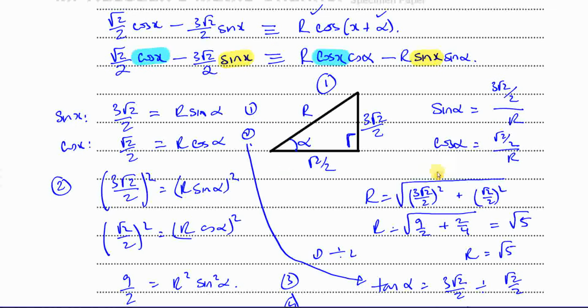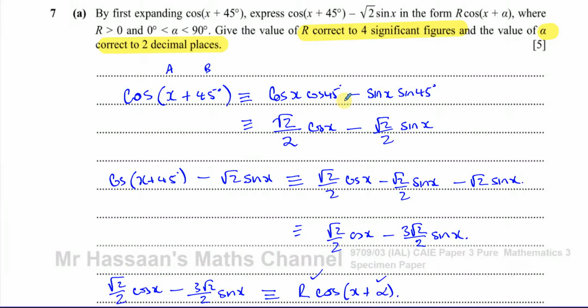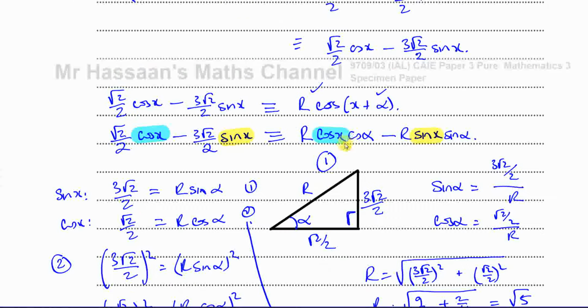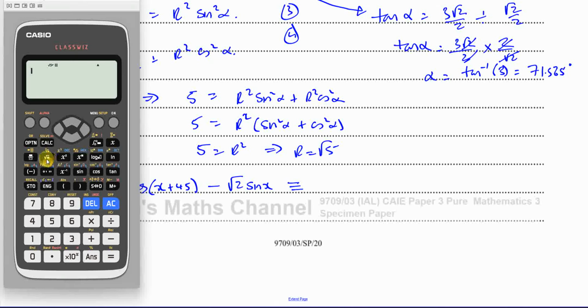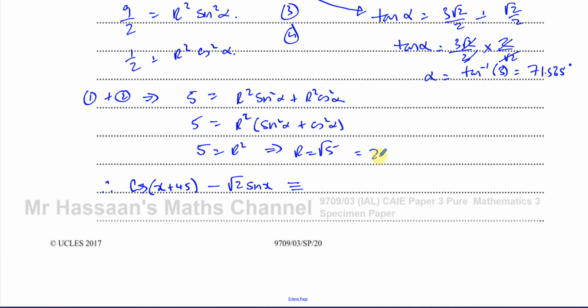Now, they told us to round to 4 significant figures. So the square root of 5, I'll just write this here, equals 2.236067. So to 4 significant figures, it's 1, 2, 3, 4, so we stop at 2.236 times the cosine of x plus alpha, which they want to 2 decimal places.